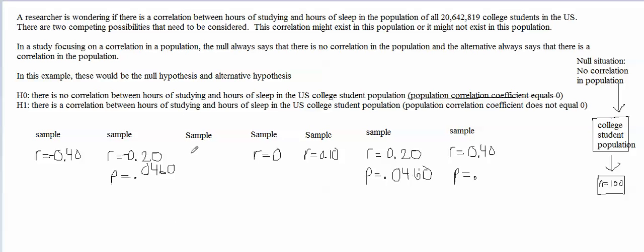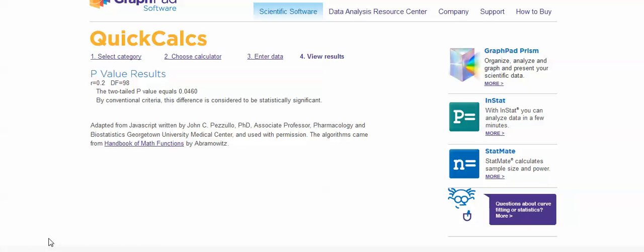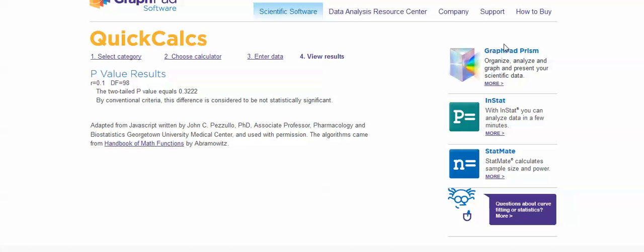And also a weak negative of negative 0.10. Let's see what we get here. 0.3222.